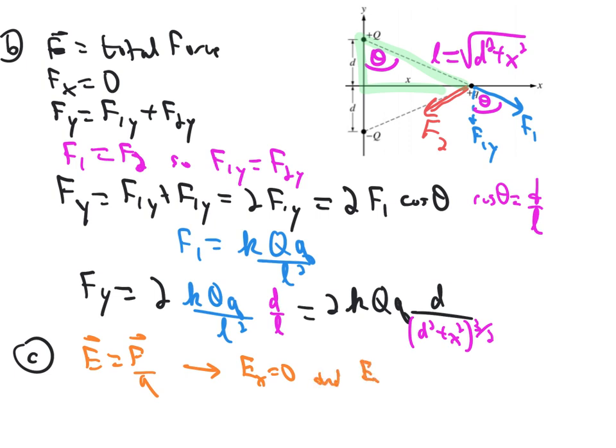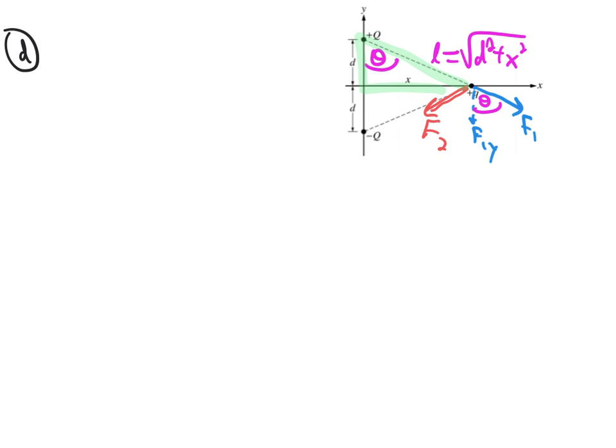And Ey, well, when we divide this expression by that charge, it just gets rid of that little q. And so we end up with 2k big Q d over d squared plus x squared quantity to the 3/2, which is not particularly pretty, but is also not particularly hard.